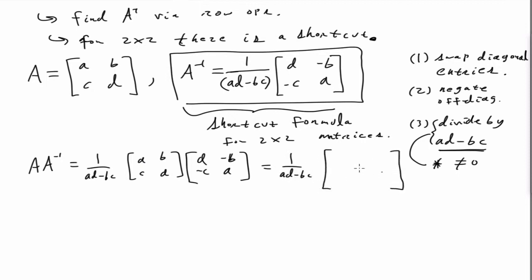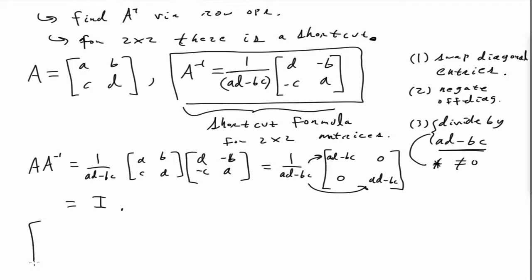We can compute the off diagonal. The diagonals you'll see are always going to be A times D minus B times C, and this diagonal also A times D minus B times C. And the off diagonals will always be 0. Clearly that is equal to the identity matrix once we distribute this in. So that's an example of how we can simplify our thing.